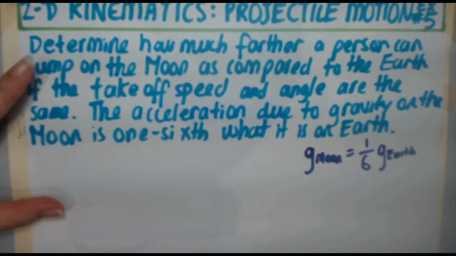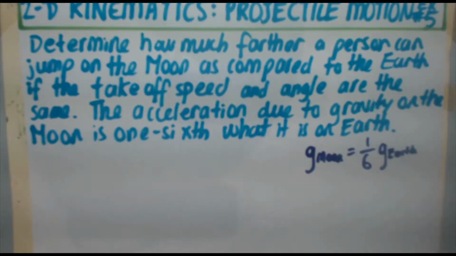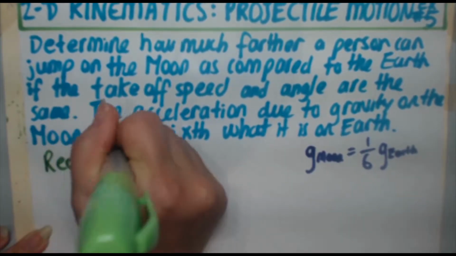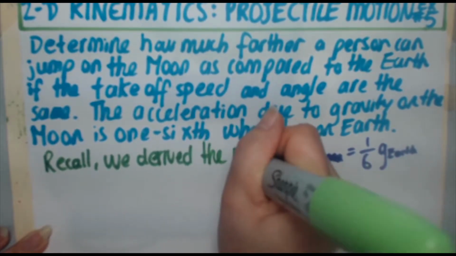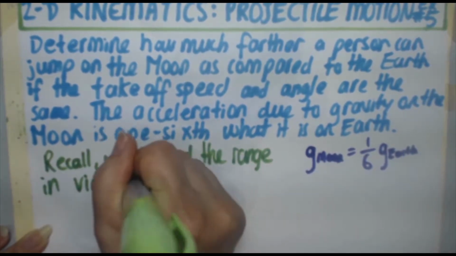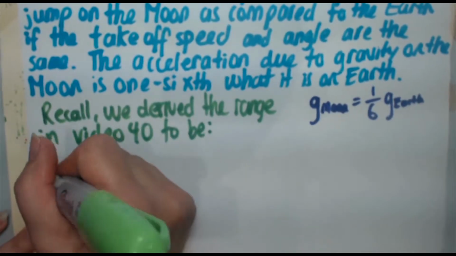The distance you jump is a range, and we actually derived the formula for range back in video number 40. So if you want to see how that formula is derived, or if you don't remember, go back to video 40 and click that, come back and continue watching where you left off. In the meantime, recall we derived the range in video 40 to be, and the range is given by x.